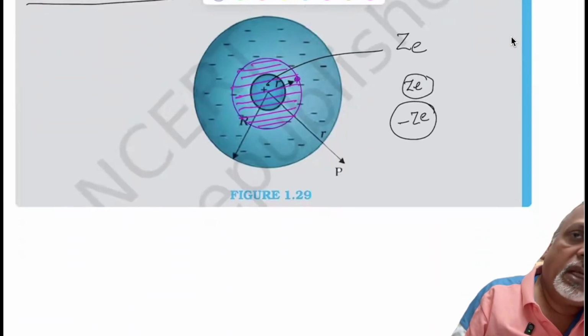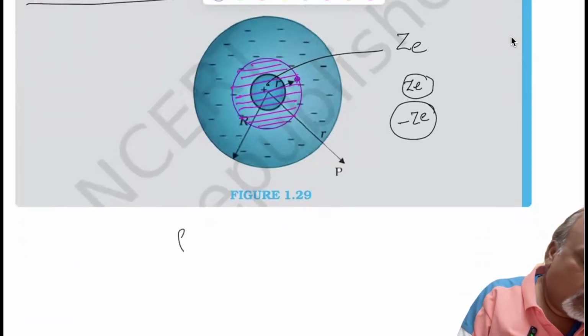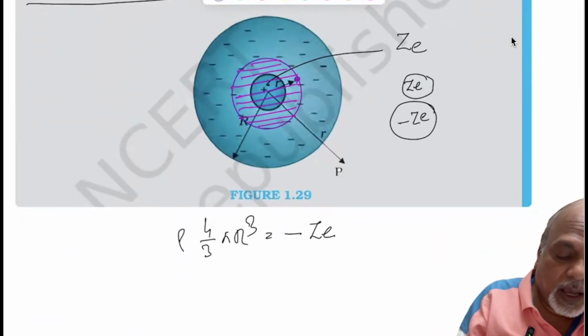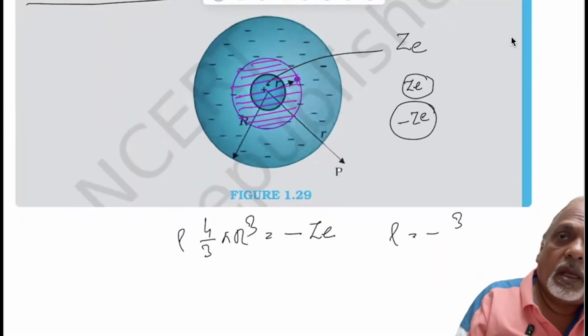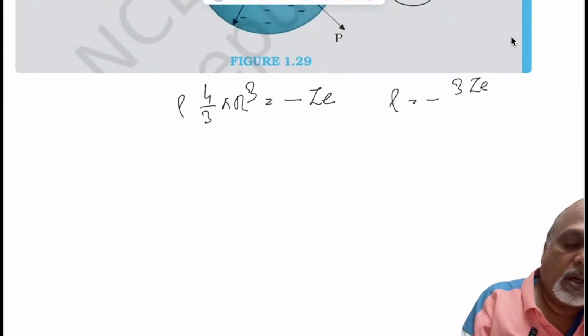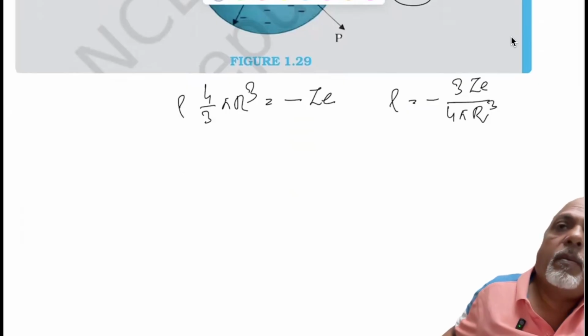So let us see what is the density of negative charge. Suppose rho is the density of negative charge, then 4 by 3 pi R cube times rho is nothing but minus Ze. So rho is Ze upon 4 by 3 pi R cube.